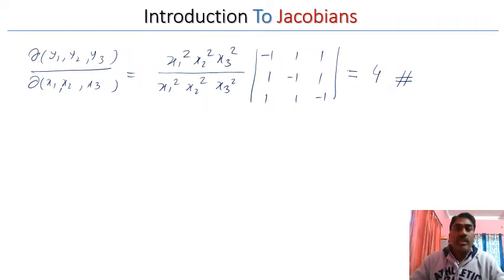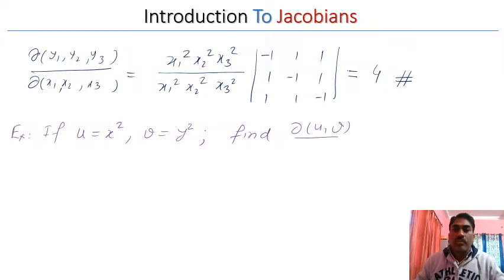So now we will take another example. If u is equal to x square, v is equal to y square, then find the Jacobian of uv with respect to x and y.